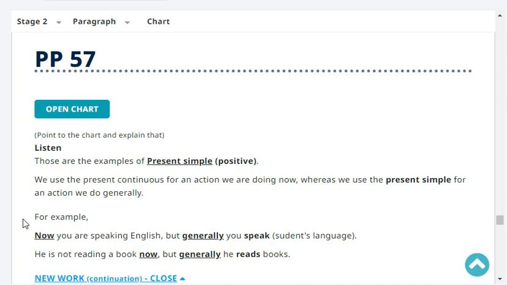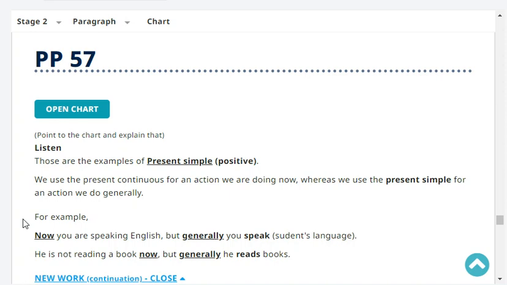We use the present continuous for an action we are doing now. We use the present simple for an action we do generally. We are not doing it now, but we always do it. For example, now you are speaking English, but generally you speak Japanese.